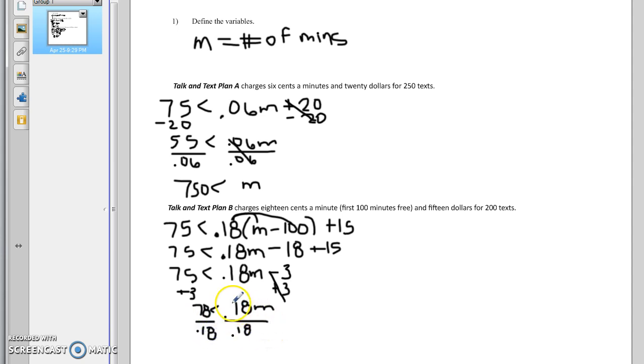And m should be anything less than 416 minutes. So you have to stay under 416 minutes. Anything over 416 minutes is going to bring you over $75.